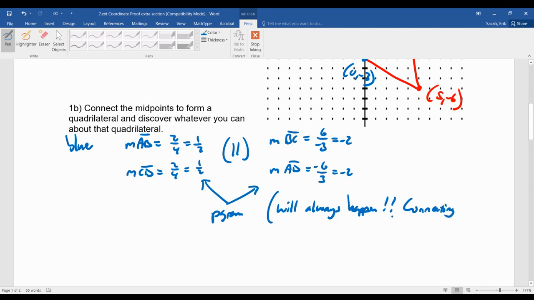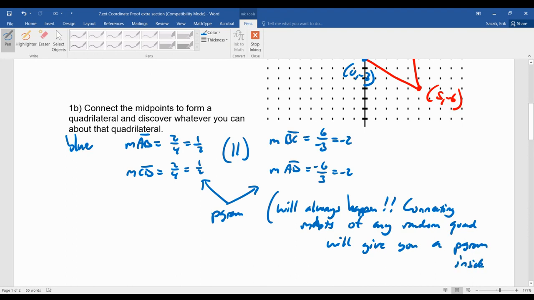Connecting midpoints of any random quad will give you a p-gram inside, okay?